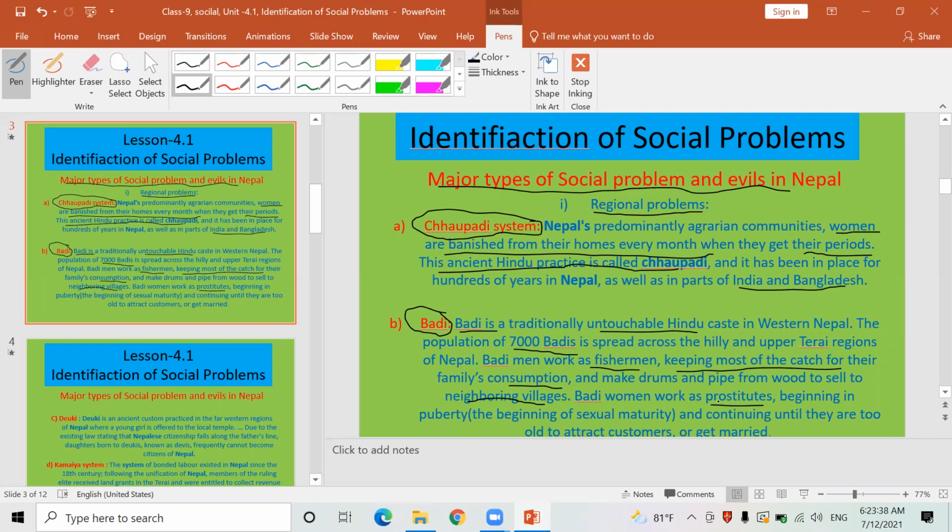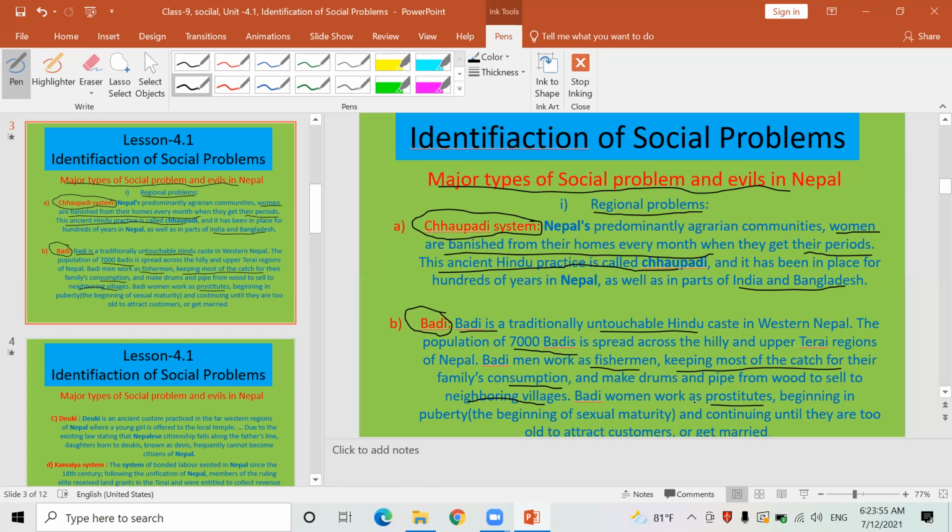It is their culture, they think like that. Because of this conservative thought, Badi women and girls do not study and cannot continue their studies.